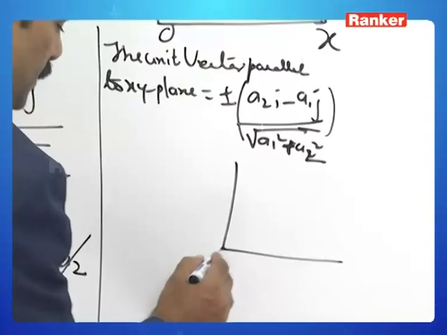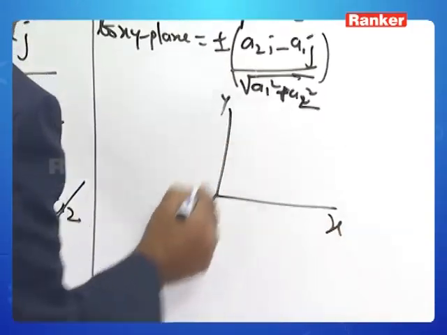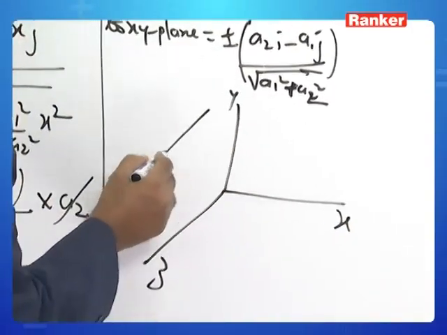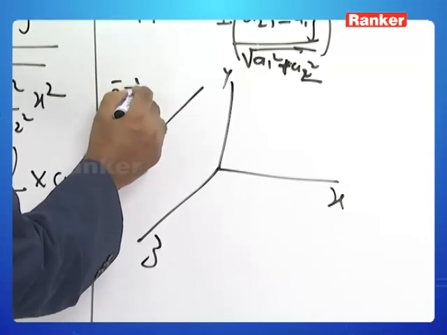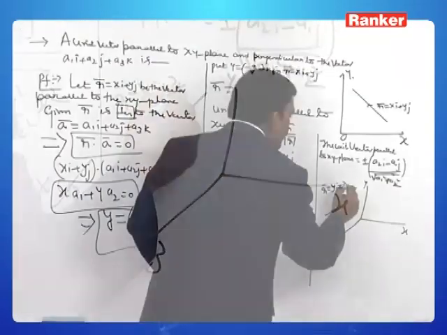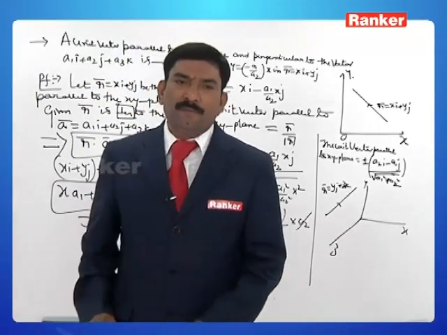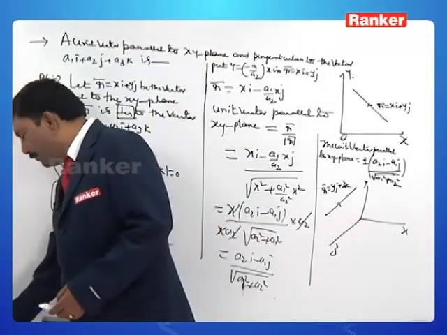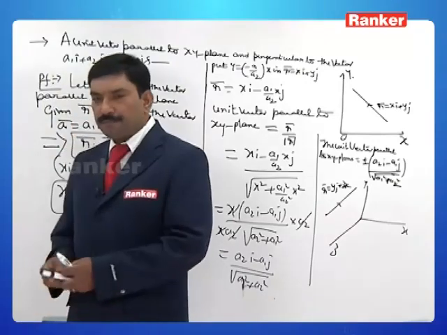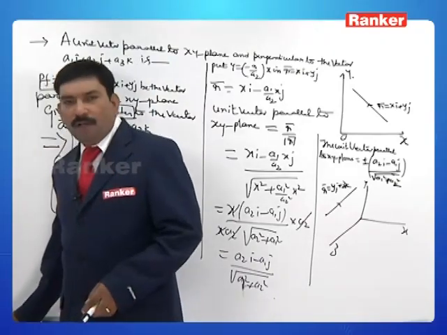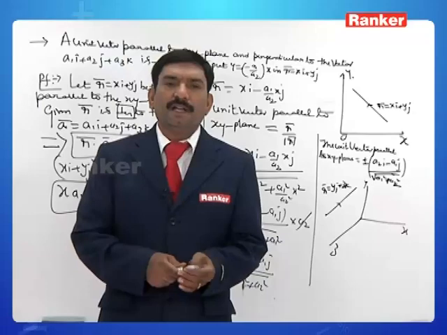You have to go like this. This is x, this is y, this is z. You have to take here r bar is equal to yj plus zk. This is a vector parallel to yz plane. In the same fashion, I can also go for zx plane.